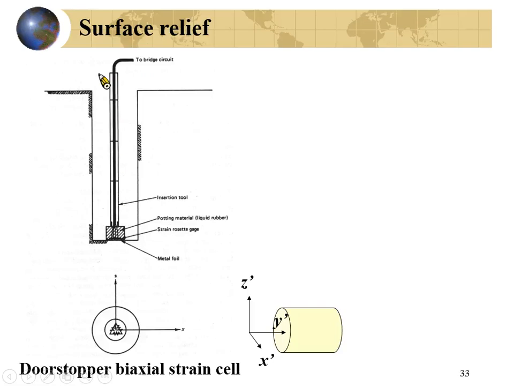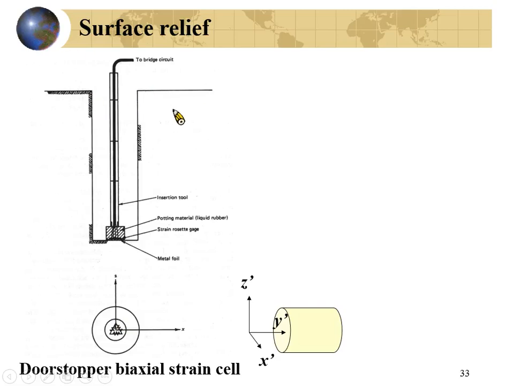This will be the layout of the overcoring. Usually we call this a door stopper. In Chinese we call it 门子法. I don't know what door stopper means. But we polish the surface and attach the strain gauge firmly.